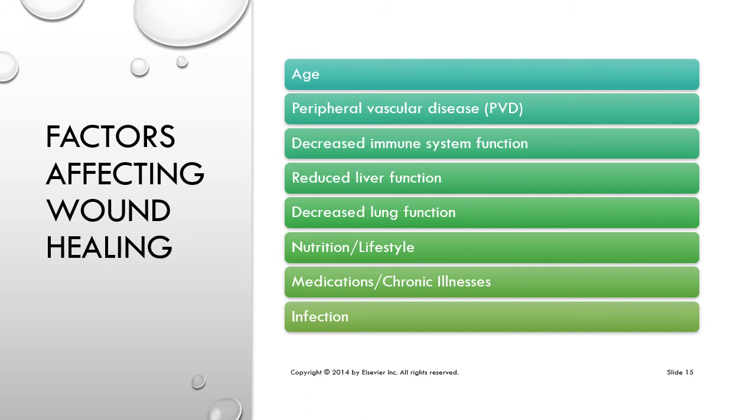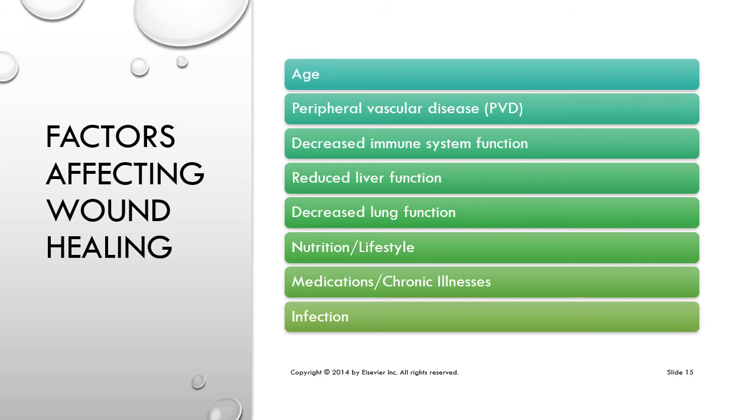Medications. There are several that could actually interfere with the healing process, such as steroids, NSAIDs, heparin, or anti-neoplastic agents. Chronic illness, if they have a disease process before the wound, that could also slow down the healing process quite a bit, such as diabetes, of course, cardiovascular diseases, or maybe immune system disorders.